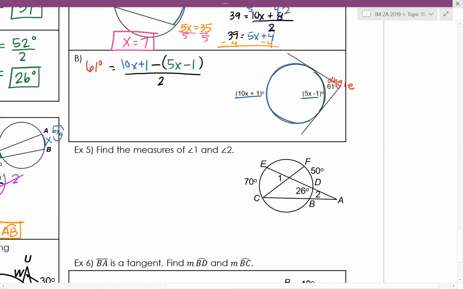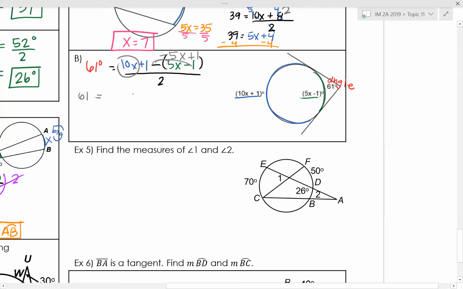So if we simplify this, we've got that 61 is equal to, and I'm going to kind of distribute up here. So this would be negative 5x plus 1 once I distribute and combine, just to save myself some space. So 10 minus 5 is 5x, and then 1 plus 1 is 2.